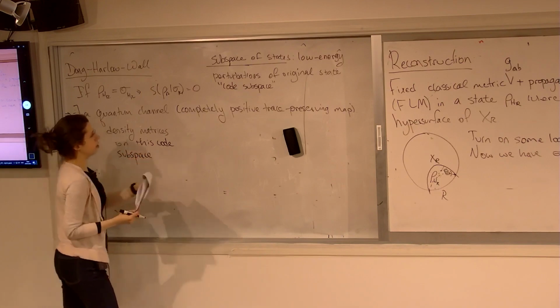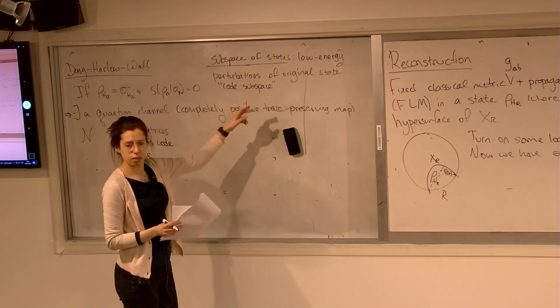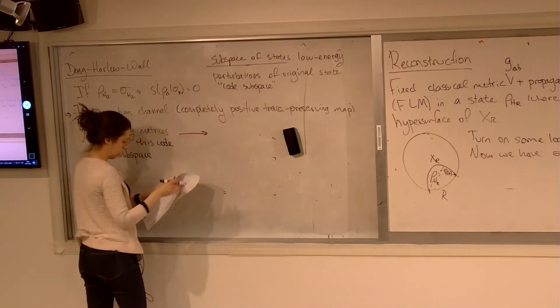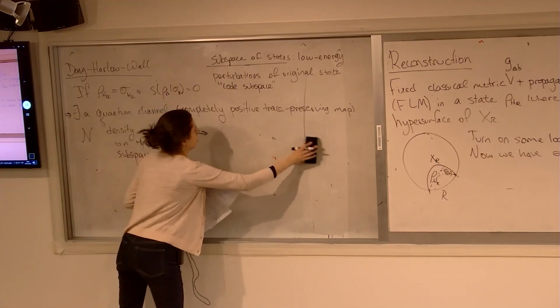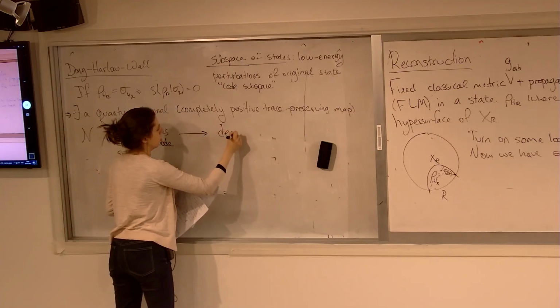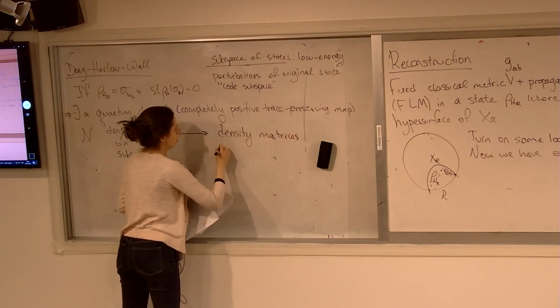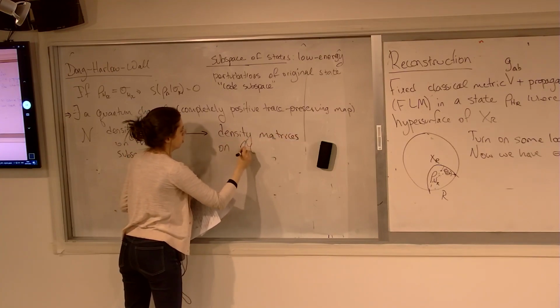This is the code subspace we're defining in the CFT. We can also define it in the bulk if you like. And this is going to go to density matrices on the Hilbert space of HR.